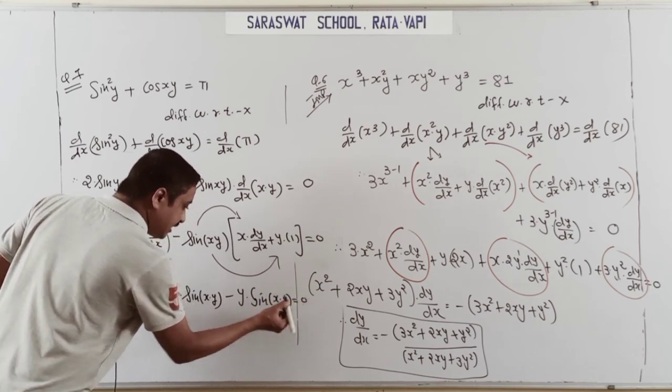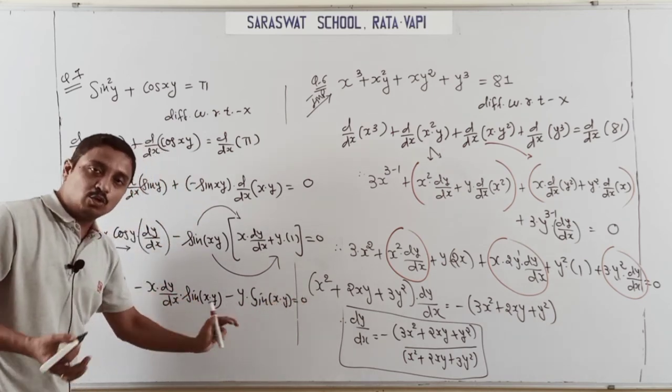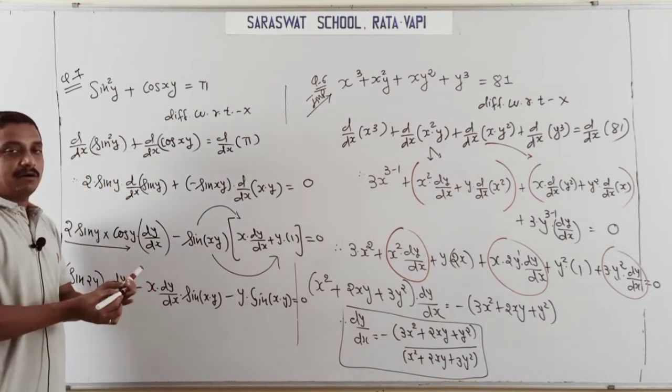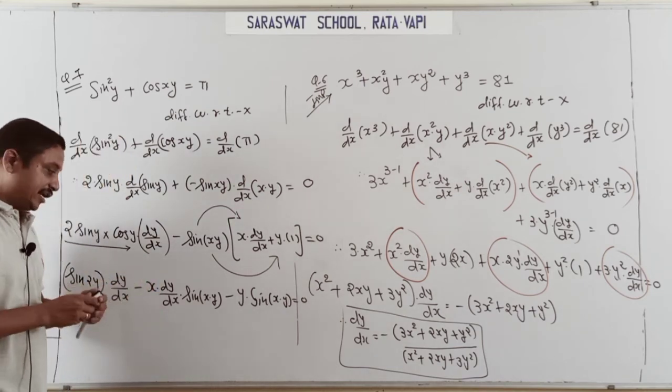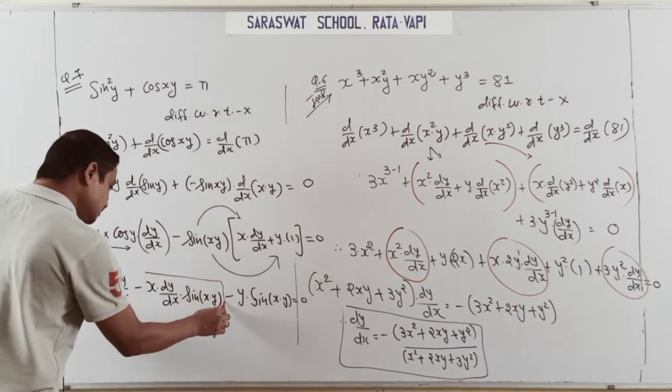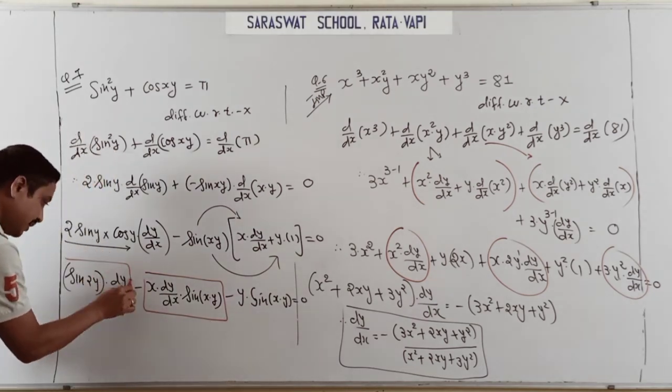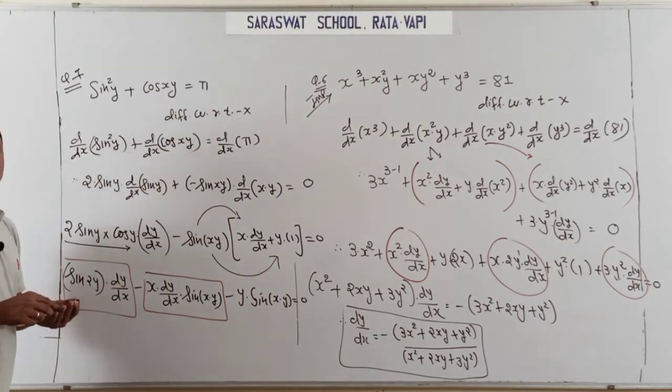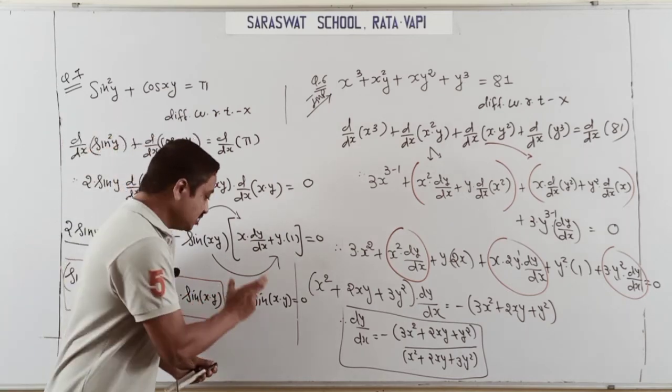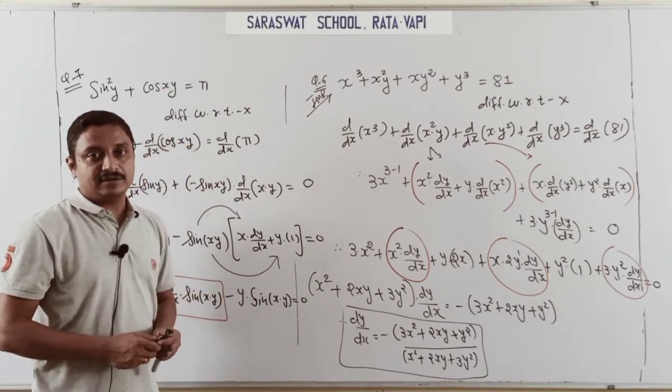You never multiply with this y and this y; both are separate. Now highlight the dy by dx terms. These are dy by dx terms, these also are dy by dx terms. So you just make the common, and this part convert to the right side.